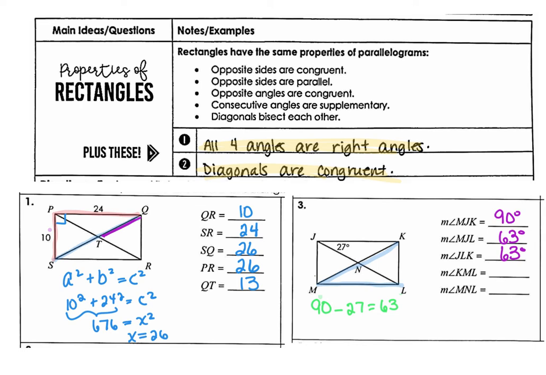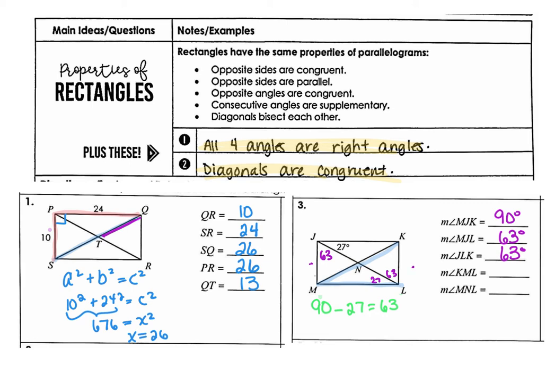So when I start looking at these, I'm going to work my way around this particular problem. So I have 27 here, so I know this one is 27. We said this is 63, so I know that this one is 63, all right? And then I start looking at what's happening with these parallel lines. And so if I use this parallel line and this parallel line, I have alternate.